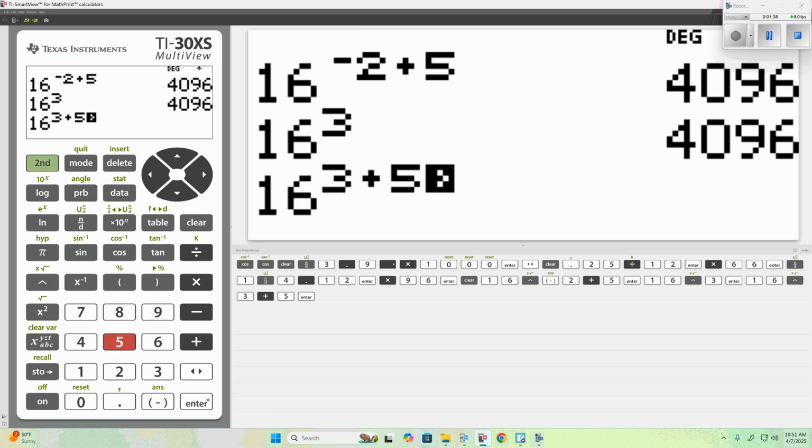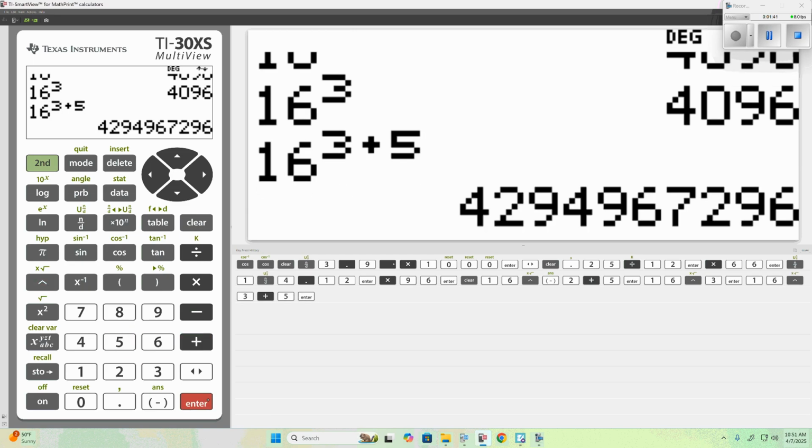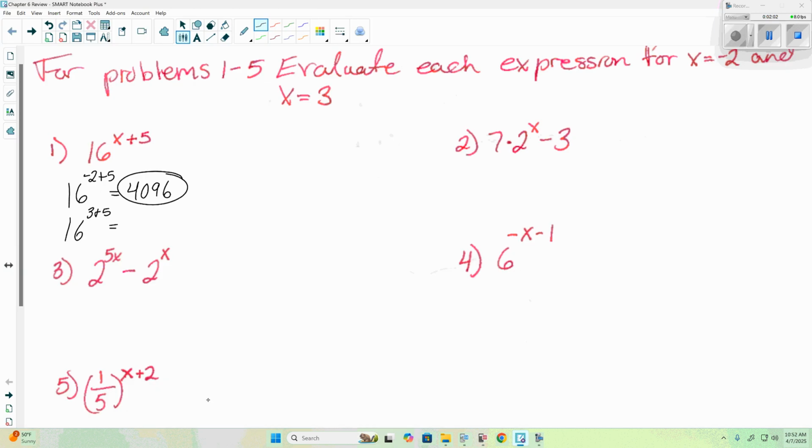We get this number here, and that'd be our answer. 4,294,967,296. No decimals, no rounding, we just take that whole number. Yep, it's a big number.